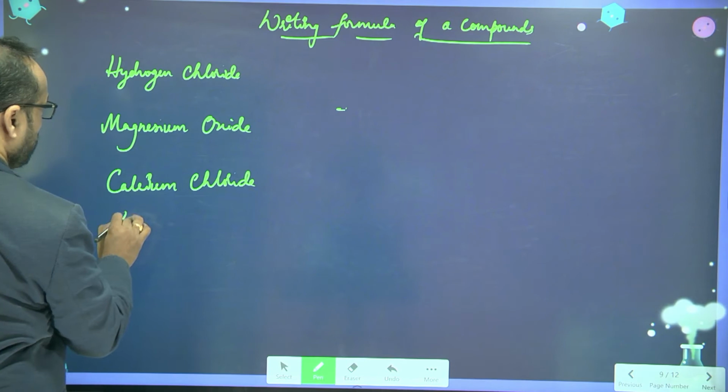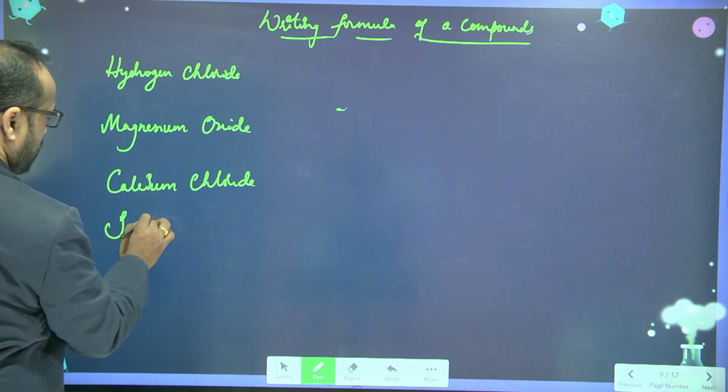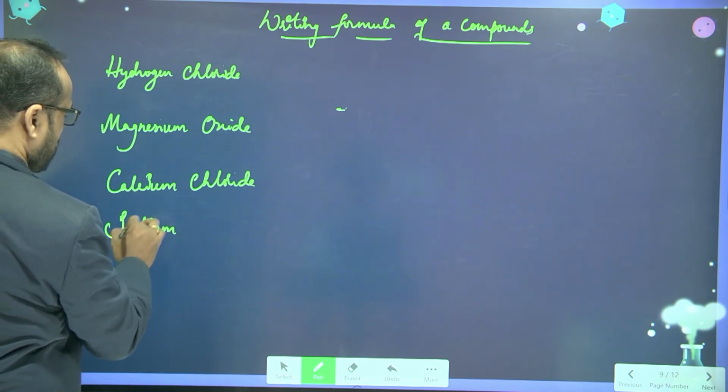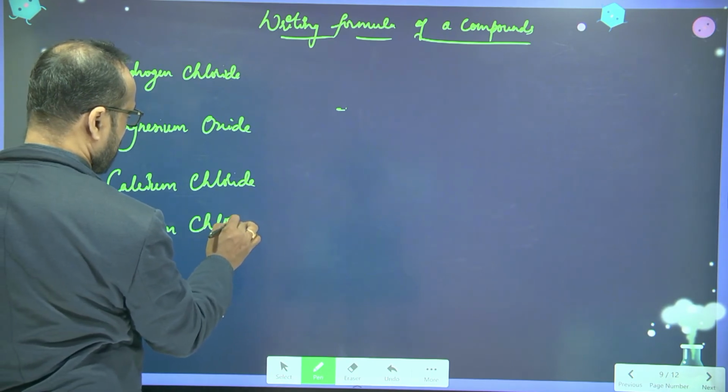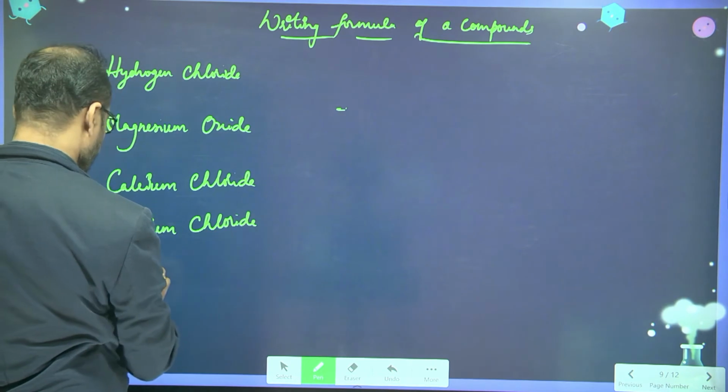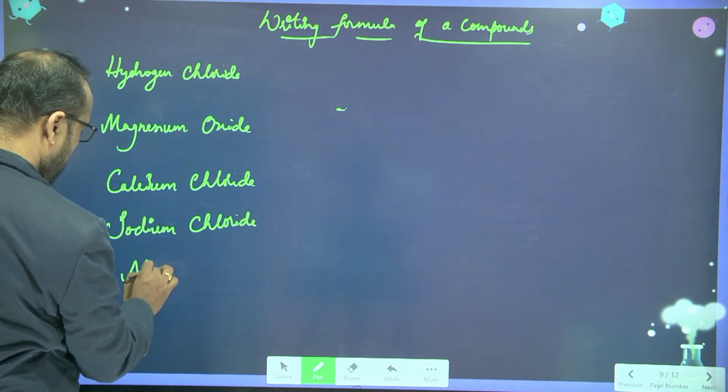Sodium chloride, you know, the salt we normally use in our diet, its chemical name is sodium chloride. And aluminum oxide.